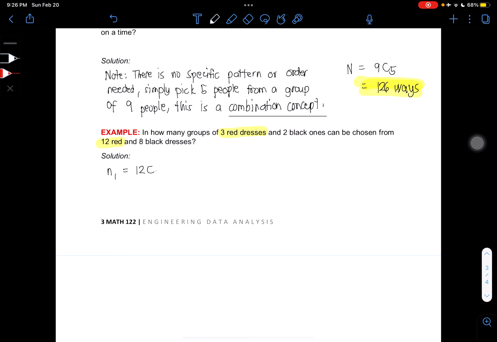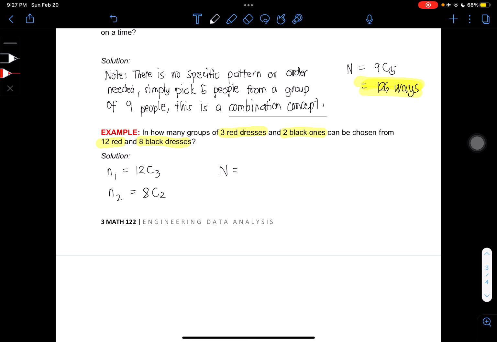And for our n2, we have 2 black ones out of 8 black dresses, so 8C2, choosing 2 black dresses out of 8. Now we can solve the combination.